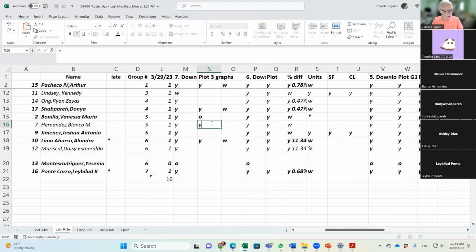Yes, sorry. I had to step away. Okay, did you plot the 3 graphs? Yeah. Okay, what is the percentage difference you got from those graphs? So maybe the question should be, did you get the percentage difference, right?